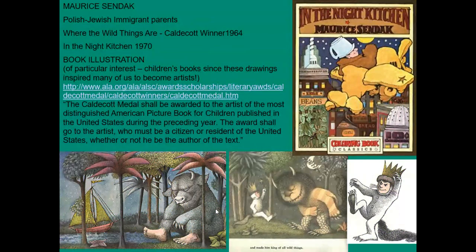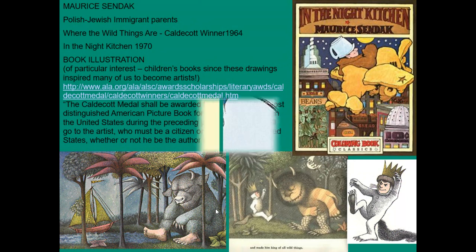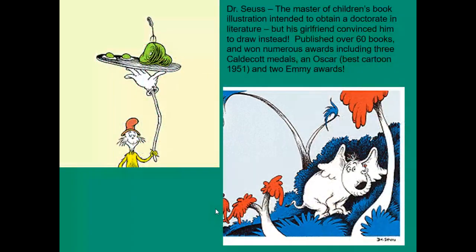He is a multiple winner of the Caldecott Medal, which is an award that's given annually for the best illustrated children's book published that year. And so he is one of a handful of people who have won the Caldecott multiple times. If you think of it as being equivalent to the Oscar for the movie industry, then this is like the top award that you could win in America for being a book illustrator.